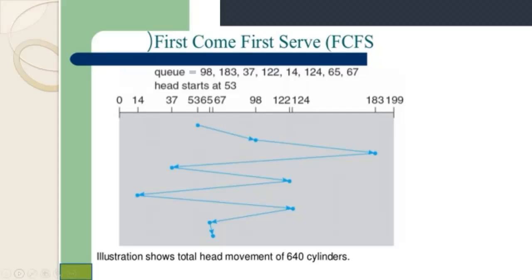Then all these elements are covered, and at the end there is 65 to 67. Is this diagram clear? In the FCFS algorithm, the queue is 98, 183, 37, 122, 14, 124, 65, 67.